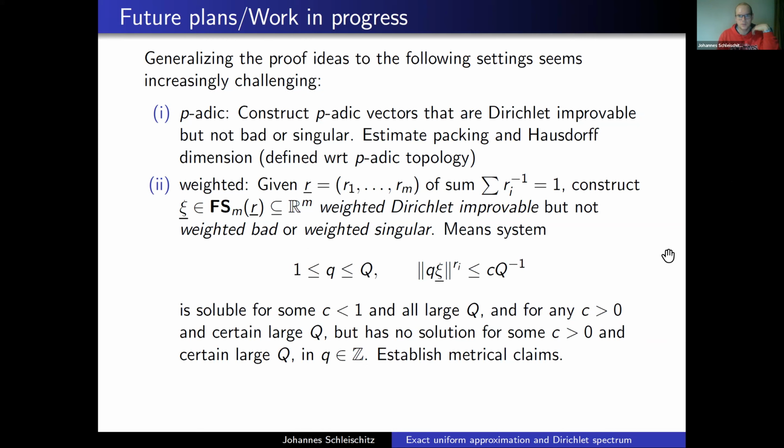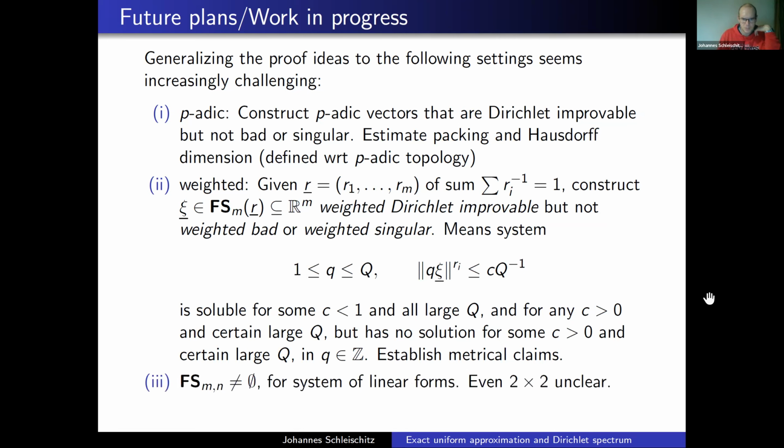And again, I want finally that some set of this weight vector, meaning that they are weighted Dirichlet improvable but not bad or singular, in a weighted sense. Okay, so this also seems doable with the method, with some modifications.